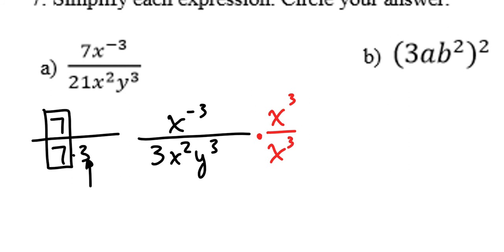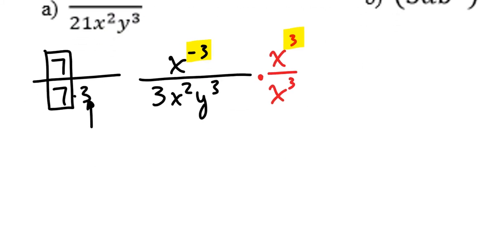And the reason why I selected that is in my numerator, when I multiply this x to the negative third times x to the third, I'm going to add those exponents, right? Negative 3 plus 3, and I'm going to get x to the 0 power. Well, it turns out that x to the 0 power is the same as the number 1. So in my numerator, I've got the number 1.